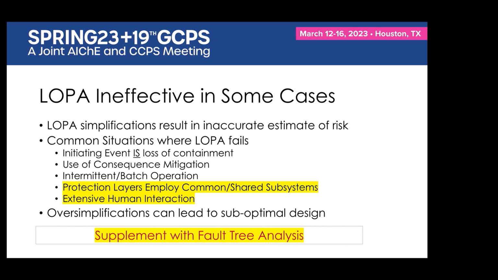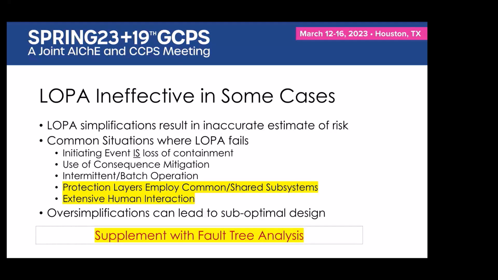If the initiating event is loss of containment, this pipe leaks, well, preventive safeguards aren't going to help you. So in that case, your risk reduction needs to reduce the frequency of the loss of containment, which is kind of outside of the LOPA world.